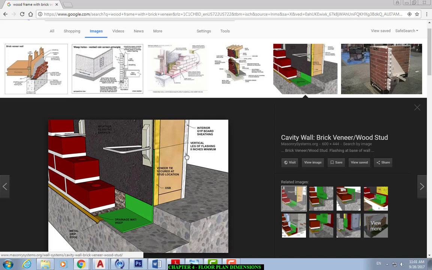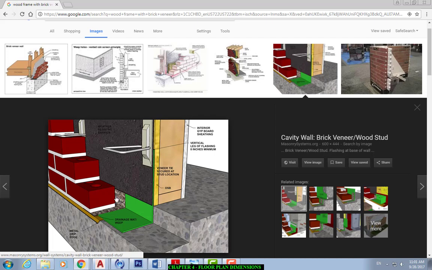On the inside it has sheetrock. On the outside it has that sheathing that we discussed in the first video. See, it's showing it right there. It shows that vapor barrier, and then the brick.